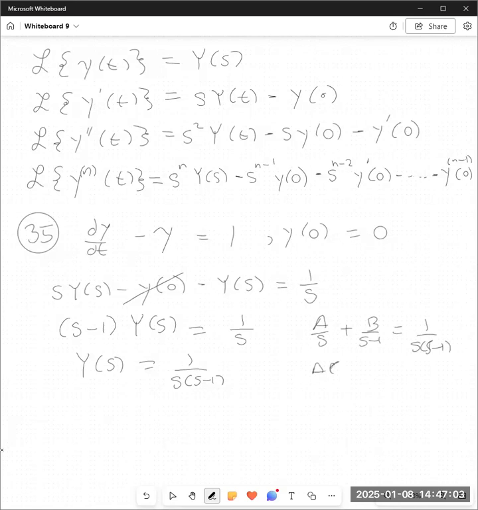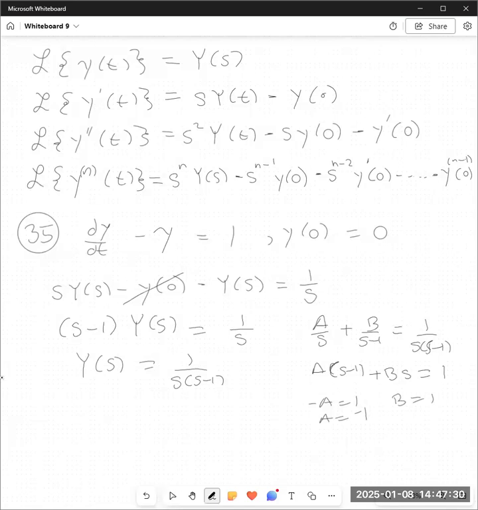A times s minus 1 plus B times s is equal to 1. When s is equal to 0, negative A is equal to 1, and A is negative 1. When s is 1, B is equal to 1.